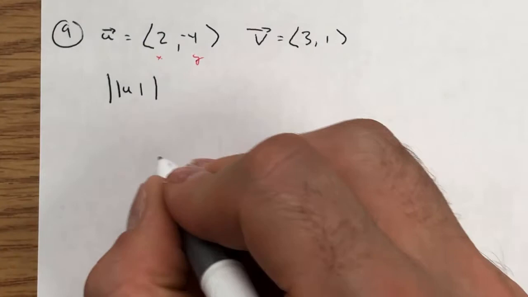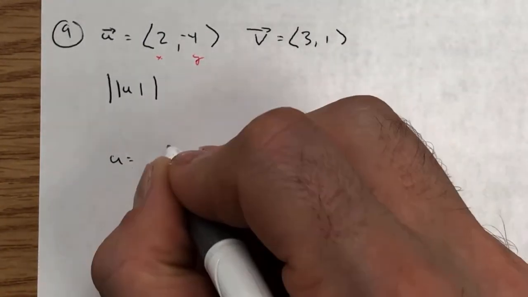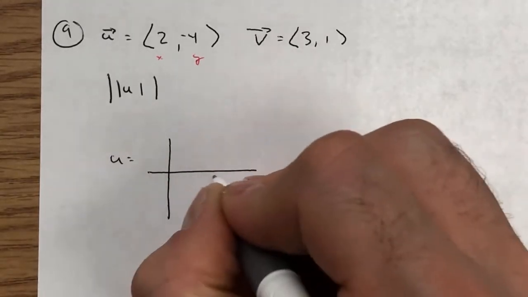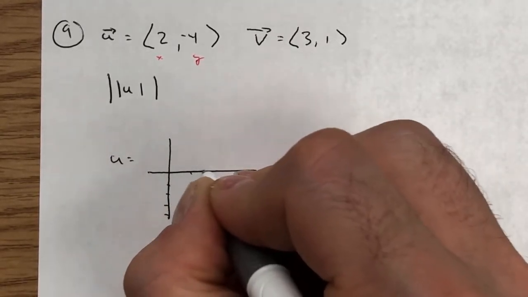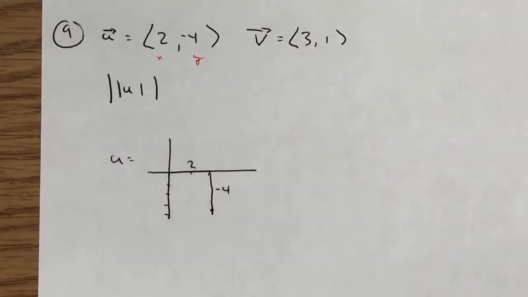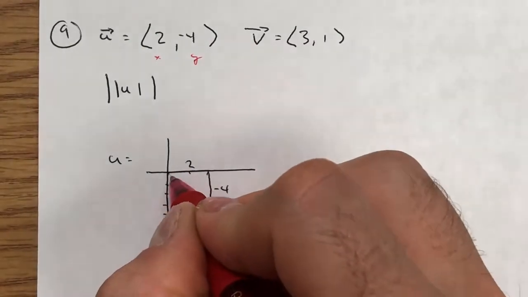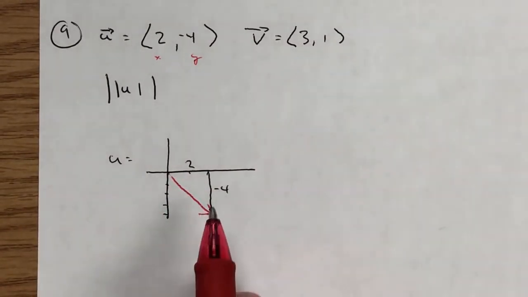If u is equal to 2, negative 4, let's draw it like this. So I have 2, negative 4. My resulting vector is doing this, kind of just like polar form.